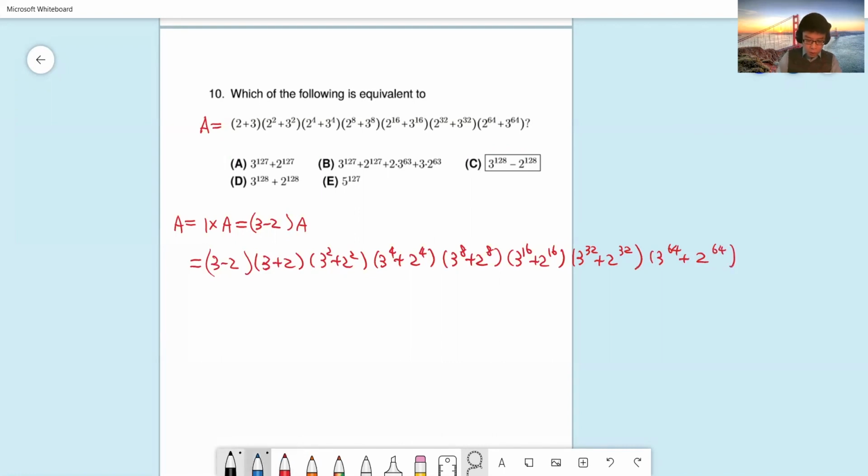Right? Now let's do the first multiplication here. This becomes 3 squared minus 2 squared by the difference of squares formula. And for the other part, we keep the expression here.